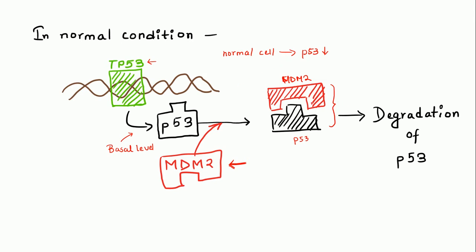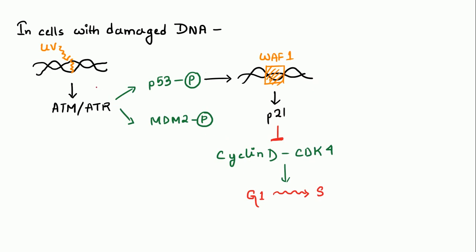Now let's say there is a damage in the DNA. It can be due to UV radiations or conditions like hypoxia, which is very low oxygen concentration. Now, these conditions may lead to the damage of the DNA. Now, this damage in the DNA is sensed by two proteins, which are ATM and ATR. These proteins are actually serine kinases.